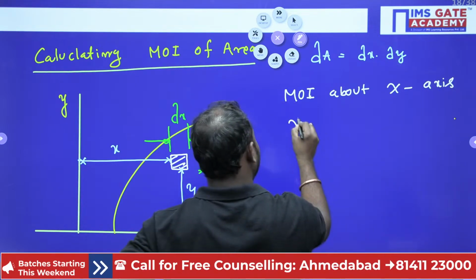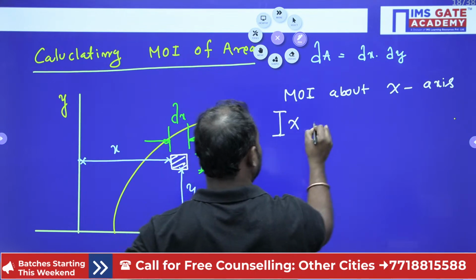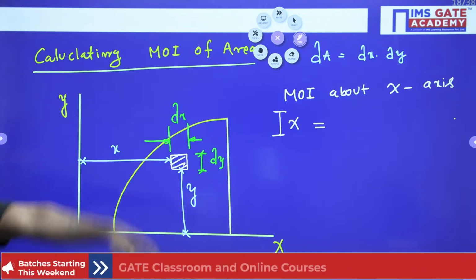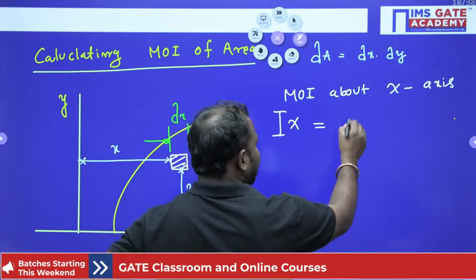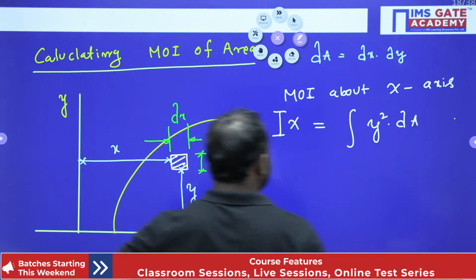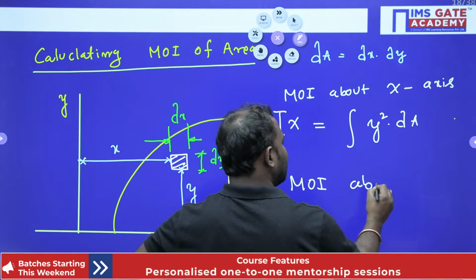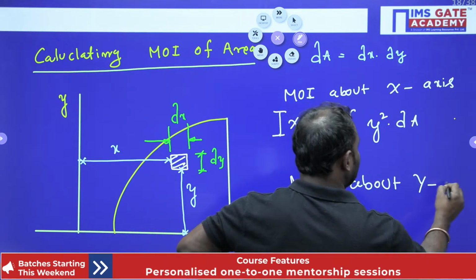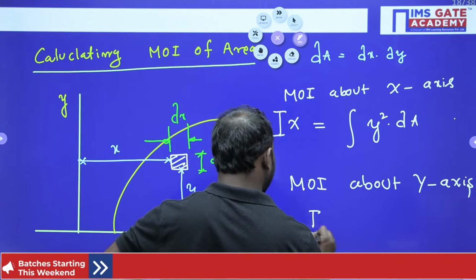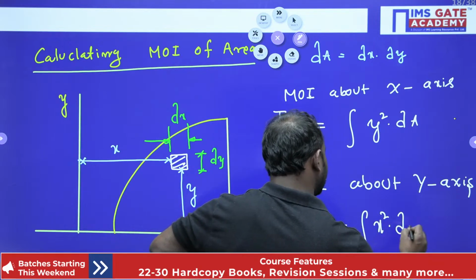Now the moment of inertia about the x-axis, Ix, is equal to the integration of y squared dA. Similarly, the moment of inertia about the y-axis, Iy, is equal to the integration of x squared dA.